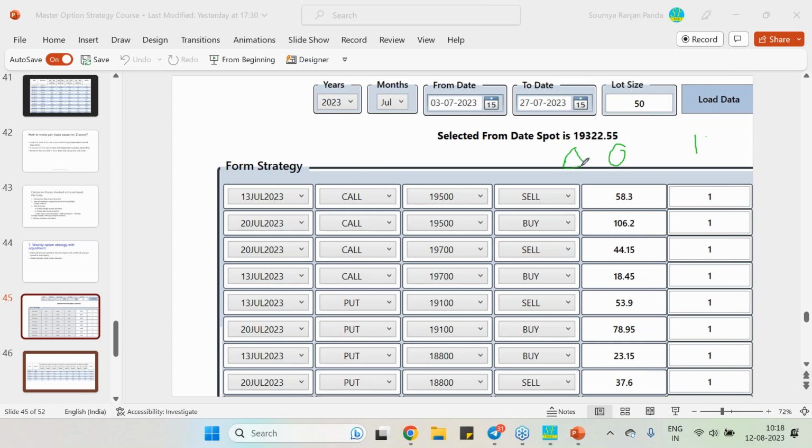I can make the delta 0, or I can make the theta 5 rupees. So I have to devise a plan so that my theta comes to 5 rupees. Delta has to be 0, and this 5 rupees of theta is required.